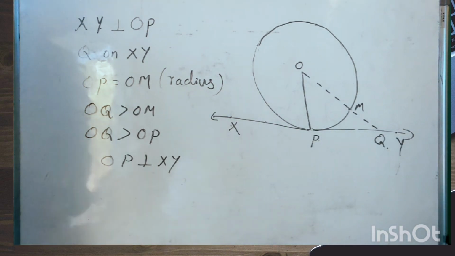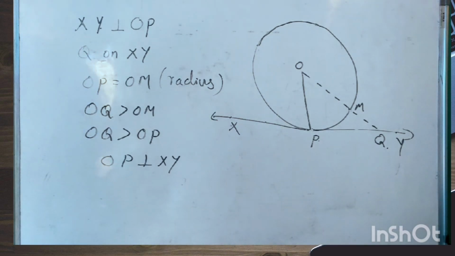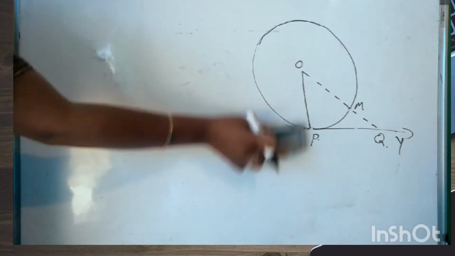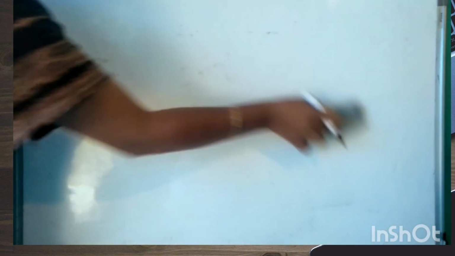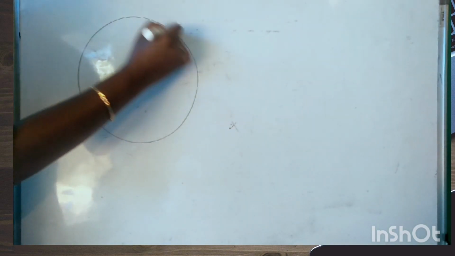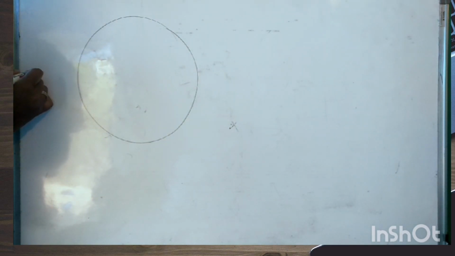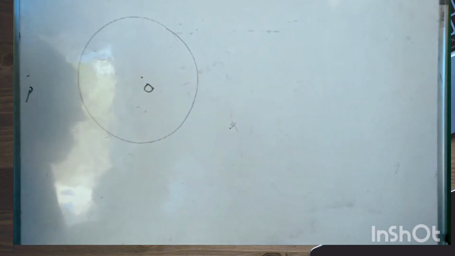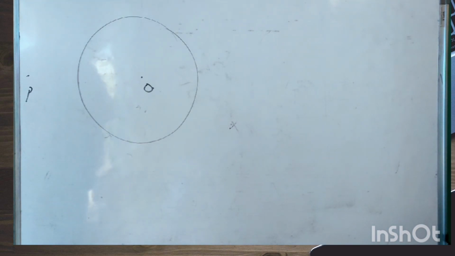Clear? Now, my question is, how many tangents can you draw to a circle from an external point? This is our circle and we have an external point here. Let it be P and the center of the circle O. How many tangents can you draw to the circle from that P?